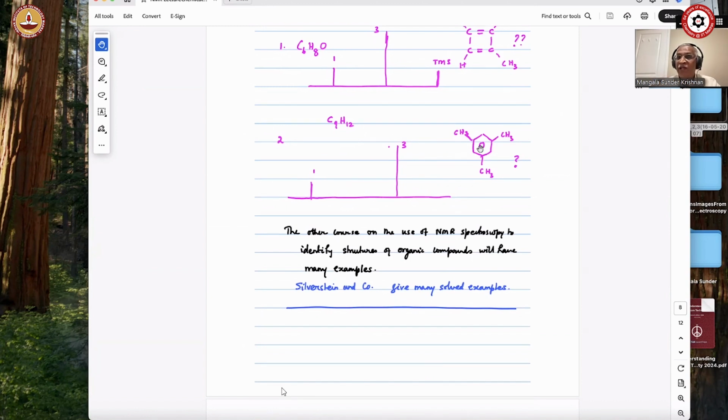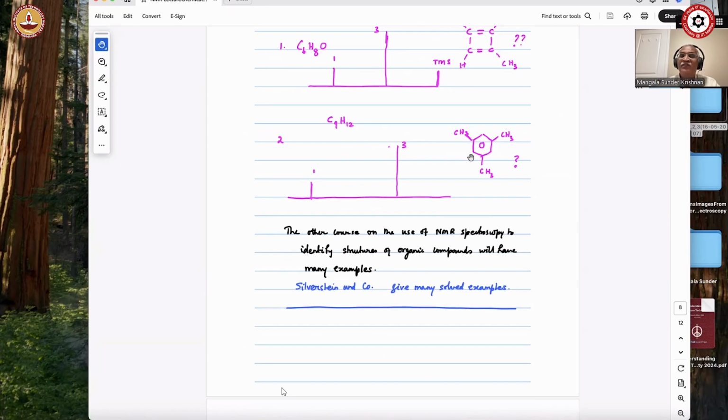So what are the two lines due to? The two lines are due to the 3 plus 3 plus 3, 9 protons as one line, and the one proton here, which is directly bonded to the carbon in the benzene ring.